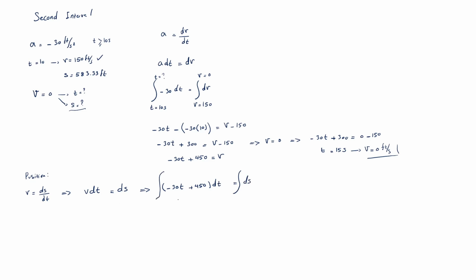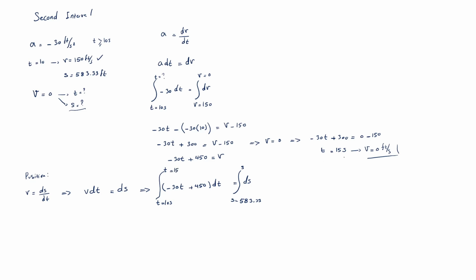This information is related to the second time interval. For this reason, the lower limit of the integral is 10 seconds, and from the first interval, we know that at time 10 seconds, the position of the particle is 583.33 feet. We have to find the position at time 15 seconds that we found in this step.